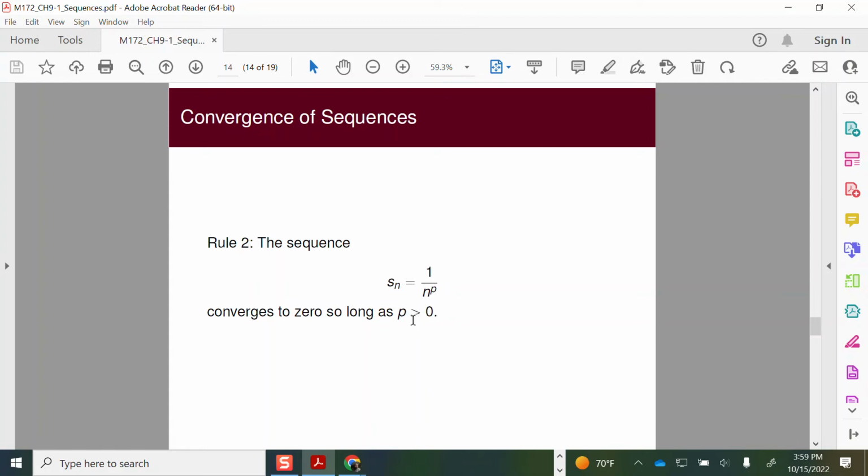Rule 2 is this one. It says that the sequence s sub n equals 1 over n to the p converges so long as p is greater than 0. So long as the power on the exponent is greater than 0. Let's go ahead and take a look at that one.